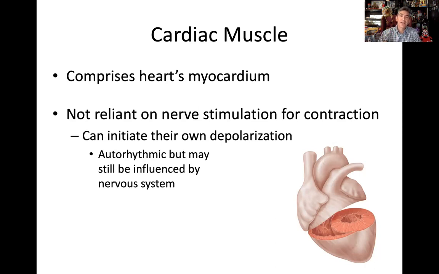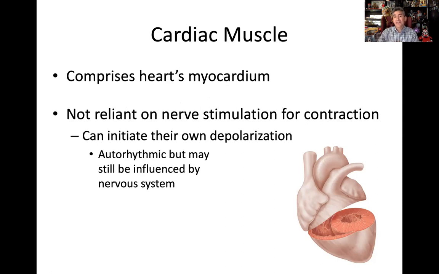So once you do that, this should make more sense, right? The myocardium is not reliant on nerve stimulation for contraction. So this is a big difference. All of your voluntary skeletal muscle, there has to be that nervous system communication to allow for the contraction of that skeletal muscle. Not the case for cardiac.